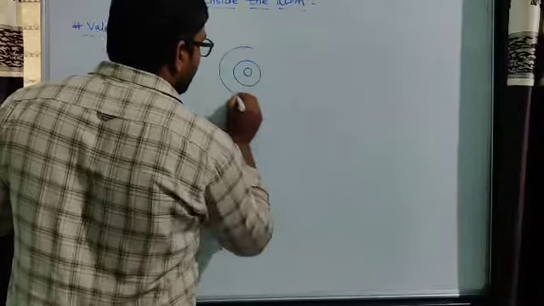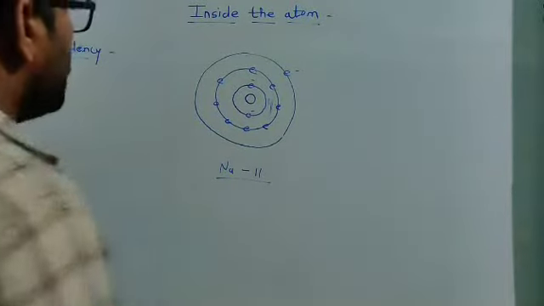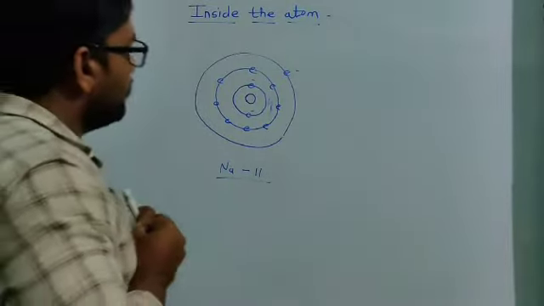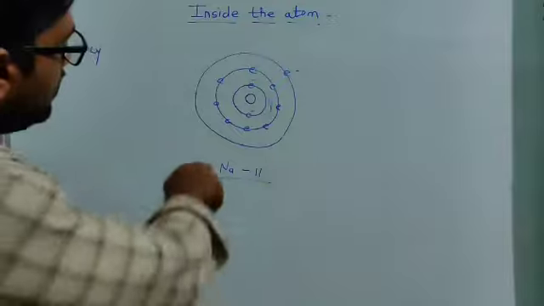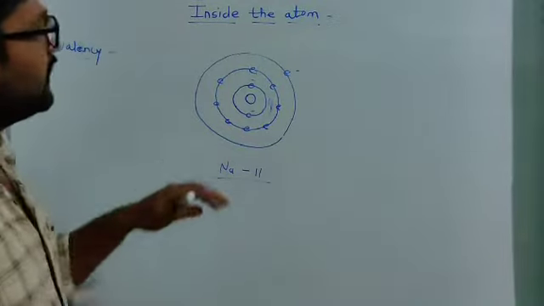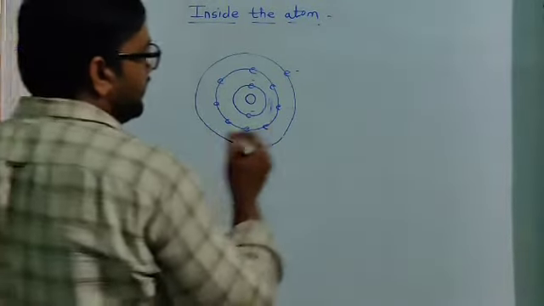So now we have to see another example, the sodium atom. In the sodium atom we know there are a total of 11 electrons, and these electrons are arranged in particular shells. This is the first, K shell.